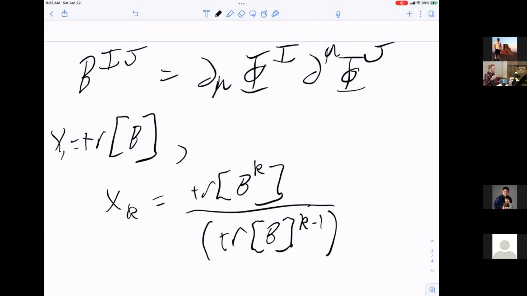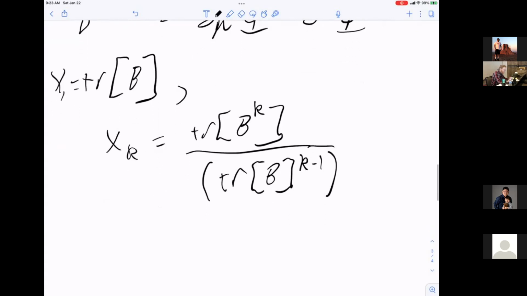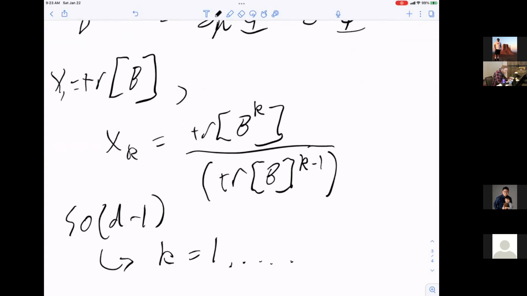Because I have a rotational group, SO(d minus 1), I believe there are d minus 1 Casimirs. So that's going to tell you that you have d minus 1 of these X's that you can form that would be considered independent. So those are a complete set of invariants that I need.